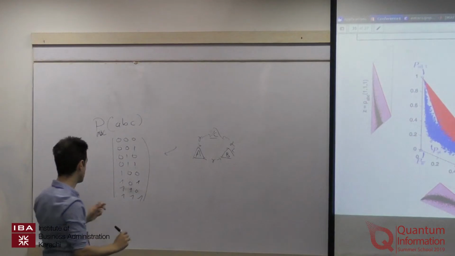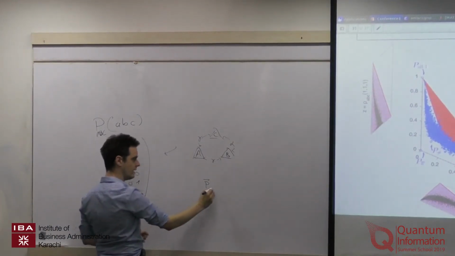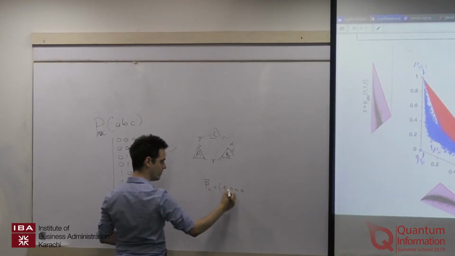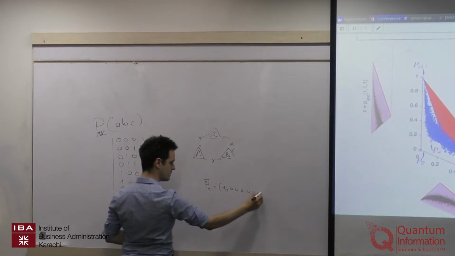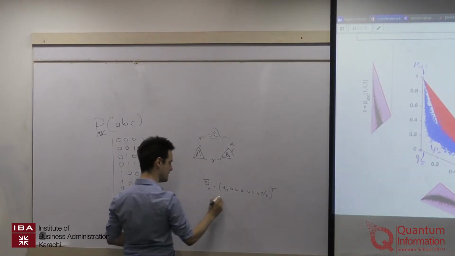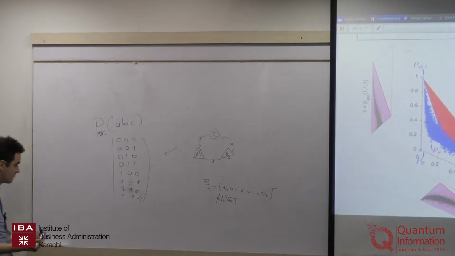We have seen, for example, that there is one point, the point that I call equal, which is basically 1/2, 0, 0, 0, 0, 0, 1/2, perfectly correlated. This point is not in the triangle-compatible set. But for the other points, we don't know.